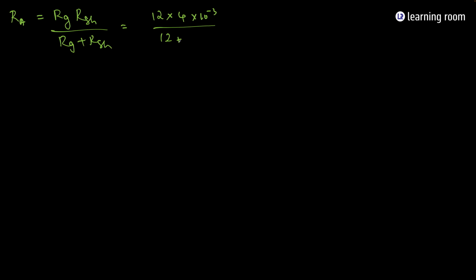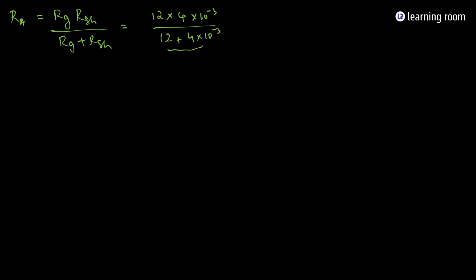So what is the resistance of the ammeter? It is going to be RG into R shunt divided by RG plus R shunt. What is the value of RG? It is 12 into what is the value of R shunt? It is 4 into 10 power minus 3, no? The whole divided by 12 plus 4 into 10 power minus 3.